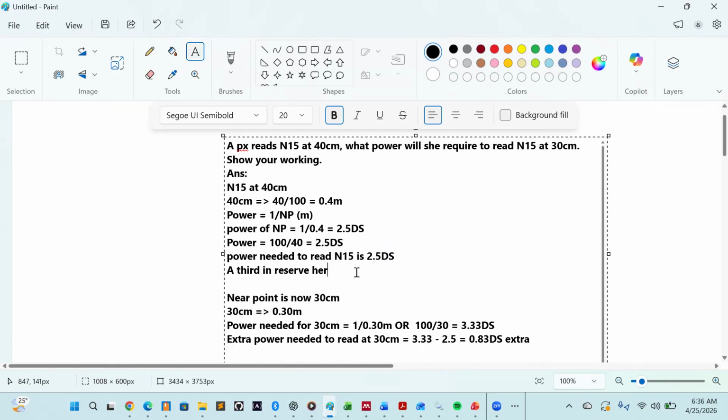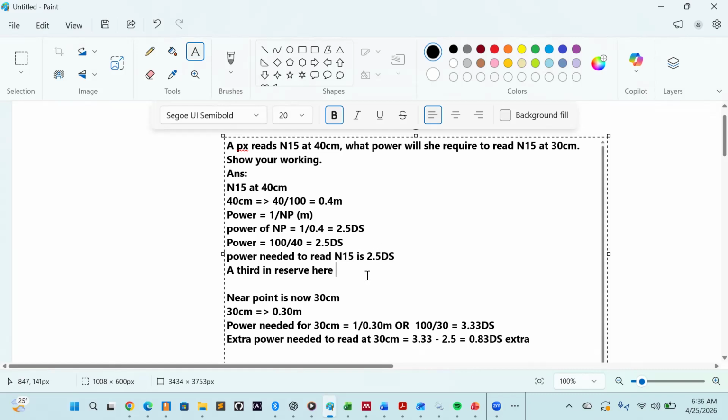To go further, because the question is not complete, but I'm sure you understand the question I'm talking about, where they say that the patient needs M5 at so many cm, what power should we require more to read, and the patient is then decided to read at so many cm, and what's the power, things like that. Why the reserve may not be applicable here, or maybe the question is not complete, is that it's difficult to do a total reserve in the exam for the candidate, but you can also estimate it: 2.5 divided by 3.